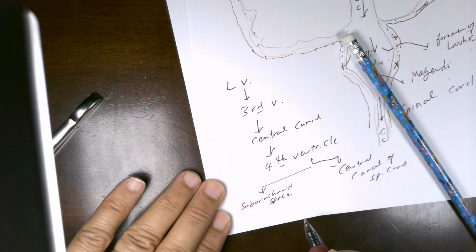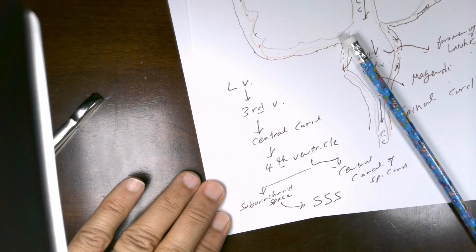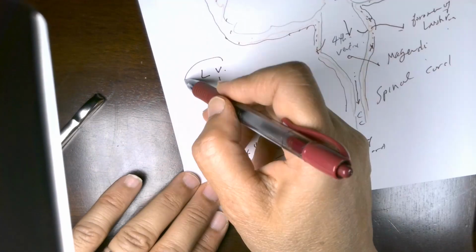From the subarachnoid space it is going to where? To the superior sagittal sinus through arachnoid villi and granulations. Okay, so this is the circulation of CSF.